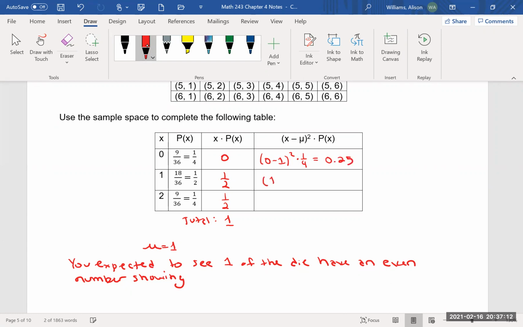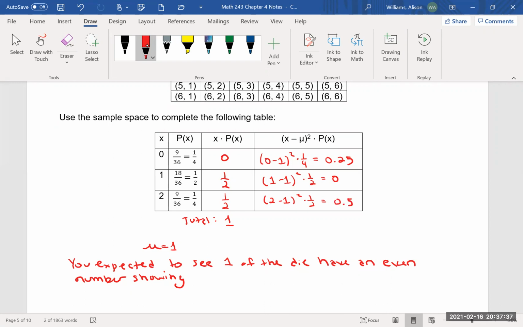Here we're going to get 1 minus 1, which is 0. So this comes out to 0. And this one we get 2 minus 1, which is 1, times 1/2 is just 1/2, which is 0.5.